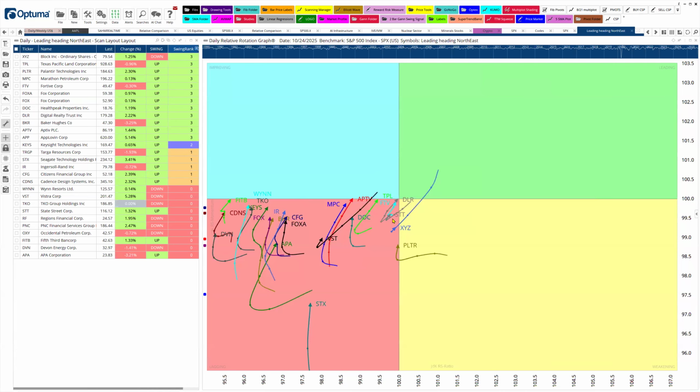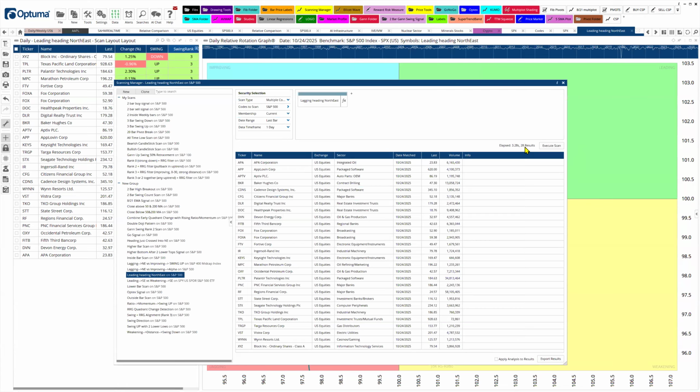I'm running this scan on the entire 500 index. How many of those are here? 28 out of 500. Think about it for a second.